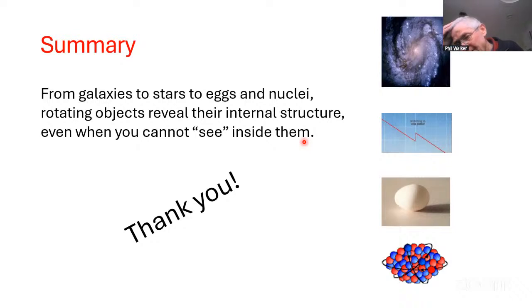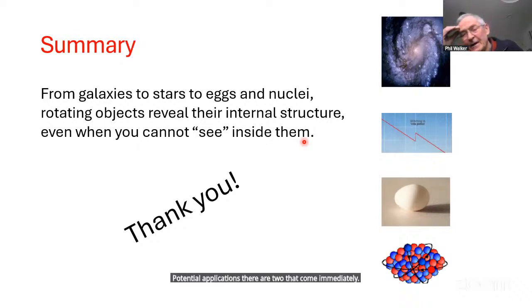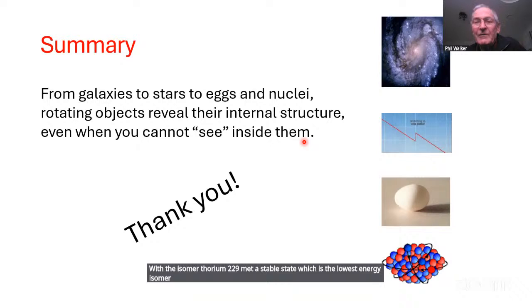Then potential applications, there are two that come immediately to mind. One is nuclear clocks, and there's huge advances being made with the isomer thorium-229 metastable state, which is the lowest energy isomer that we know of at 8 electron volts.